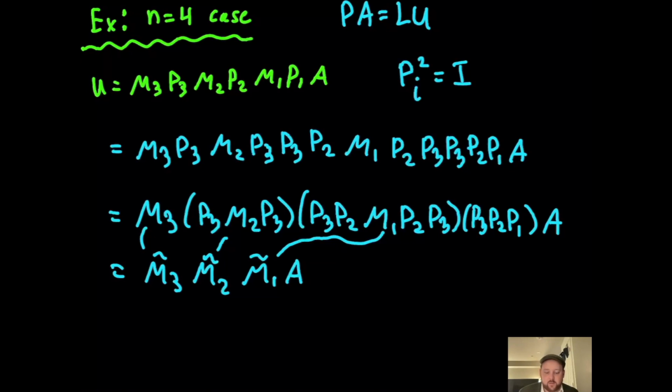The claim is that these are also lower triangular elementary matrices of the same form, which will allow us to recollect everything nicely and get the PA equals LU factorization. So let's go to the next slide, and I'll try to give you an argument for why this can be done.